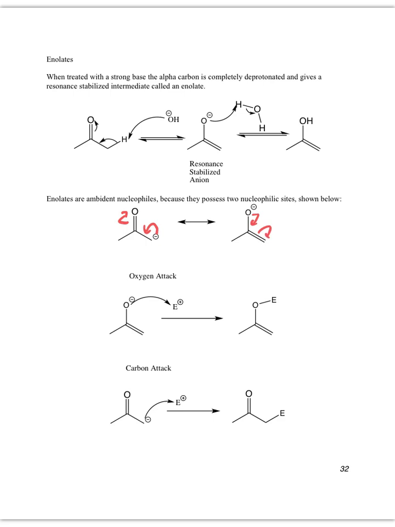If the oxygen acts as a nucleophile, attacking an electrophile, we still have the carbon-carbon double bond, and we've added the electrophile to the oxygen. If the carbon attacks, we have the carbonyl, and the alpha carbon attacks the electrophile. So it all depends on what we have in the reaction.